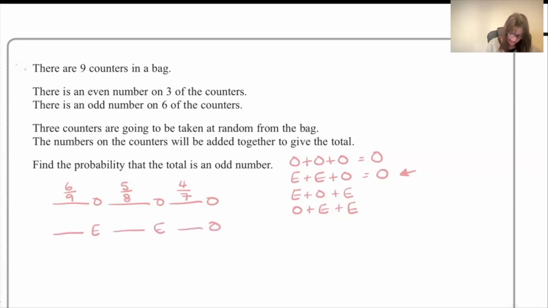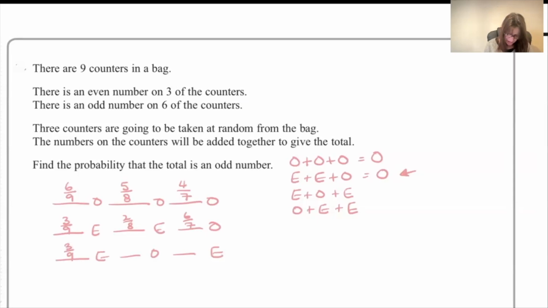And my fractions here, I've got a 3 out of 9 for the first take. Even again will take me to 2 out of 8. Haven't taken any odd yet, so 6 out of 7 on the end there. And then we've got even, odd, even. Again, my even is 3/9.